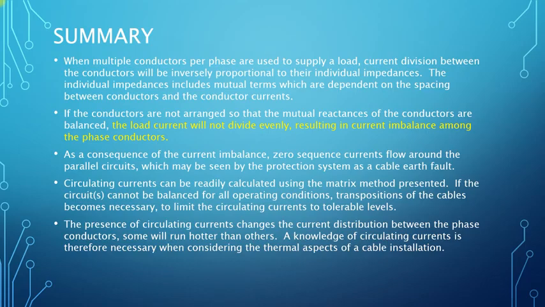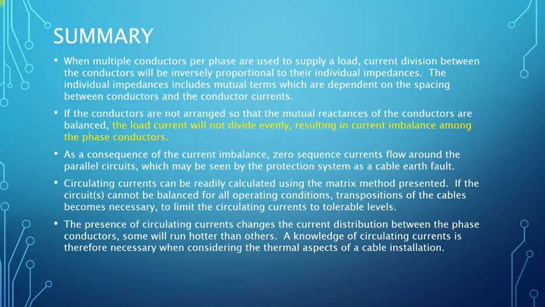However, the difficulty with this is, of course, that whilst you might be able to minimize the circulating currents, let's say with all 4 circuits in service, when one circuit is taken out of service, then unbalanced conditions will arise. So if the currents in the cables cannot be balanced, then it may be necessary to introduce transpositions to the cable circuits.